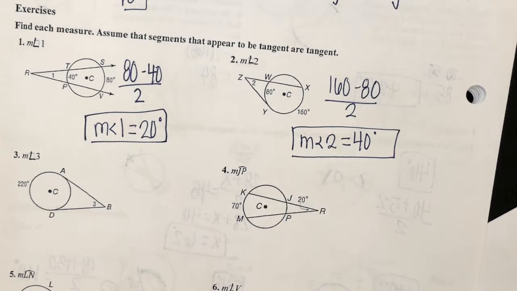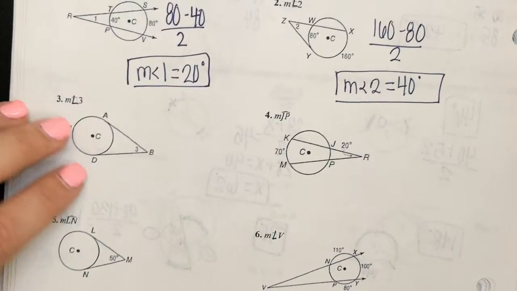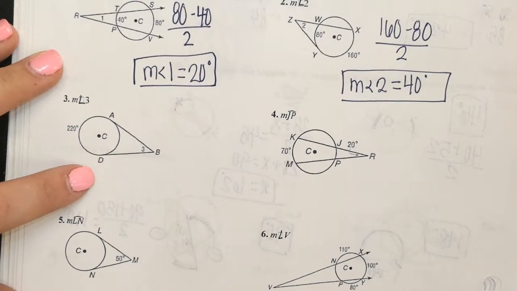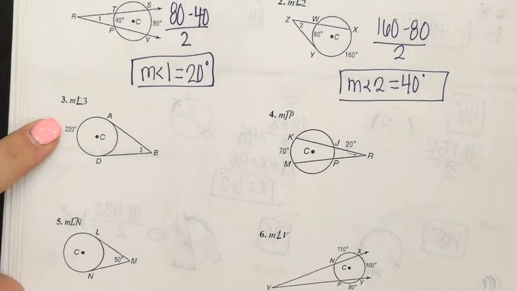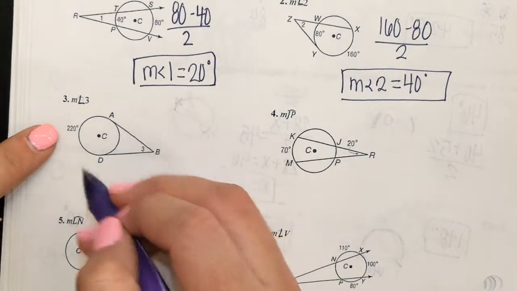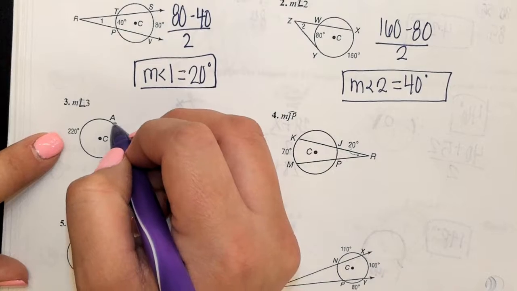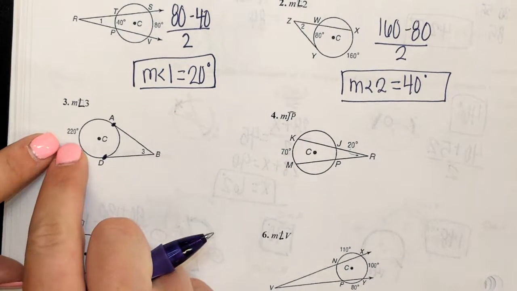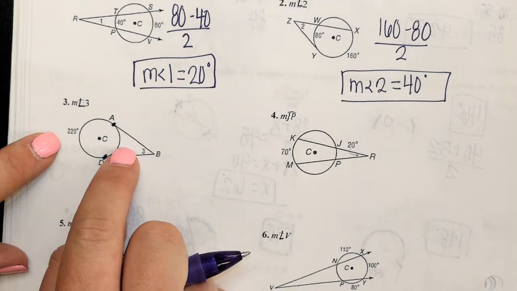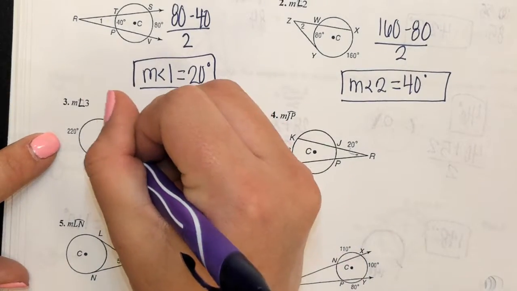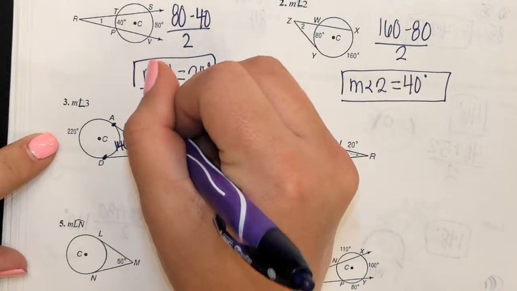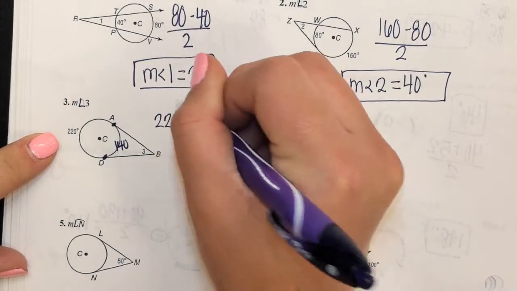Okay, so 1 and 2 are normal. 3 is a little bit different. I need big arc. Do you know what big arc is in number 3? Yes, 220. Well, there's only 2 arcs in this whole circle, right? It only split into 2 different arcs. So if that's 220, this has to be 140. How did I get 140?